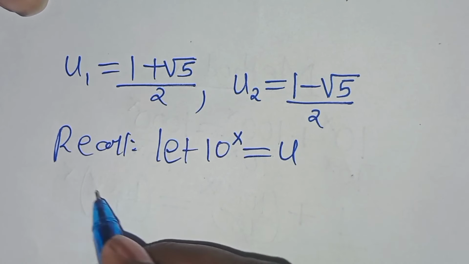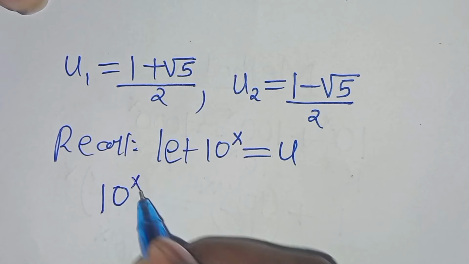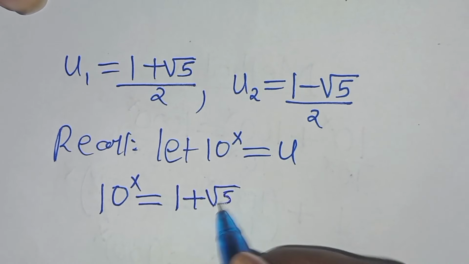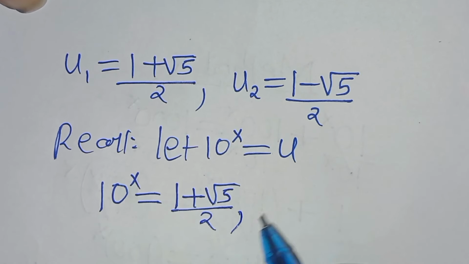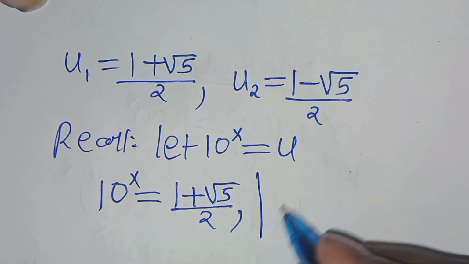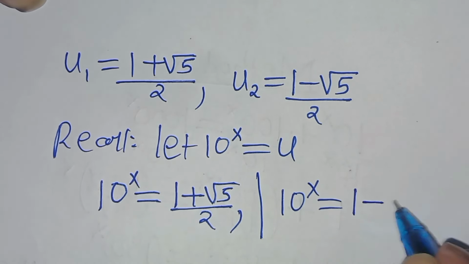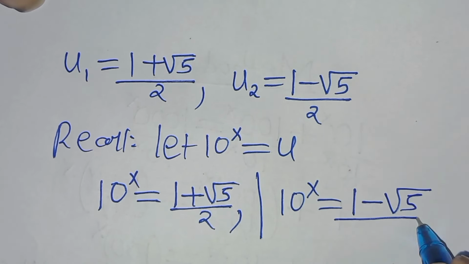Substituting this, here we have 10 raised to the power x equal to 1 plus square root of 5 over 2, and 10 raised to the power x equal to 1 minus square root of 5 over 2.